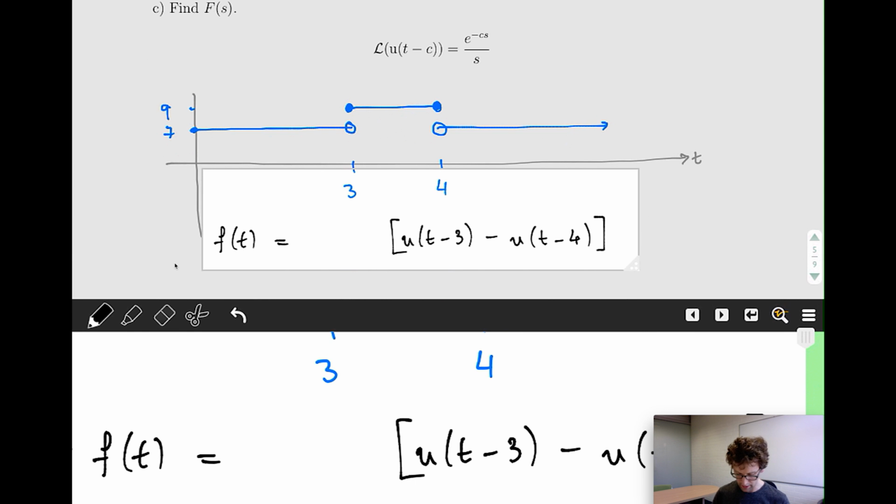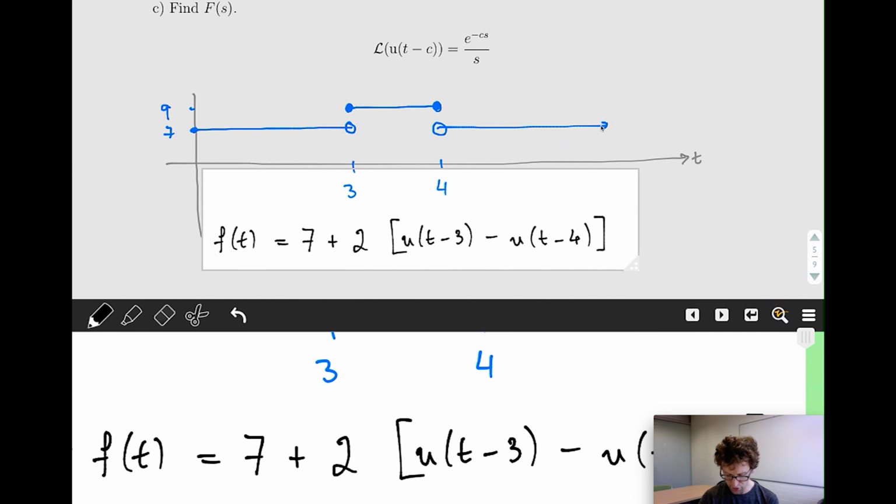And the way we're going to code this up is we're going to write this as a background value of 7 plus a little extra bit, right? So we have a switch on, switch off with a magnitude of 2, and it's on top of the background value of 7. So we're traveling along, we're happy at 7, and then when we hit 3 we jump up by 2, we travel along, and then we switch off that extra 2 to get back to 7 again.